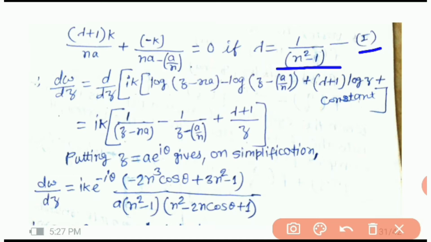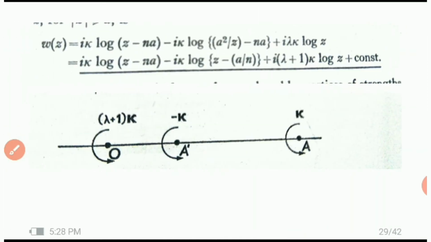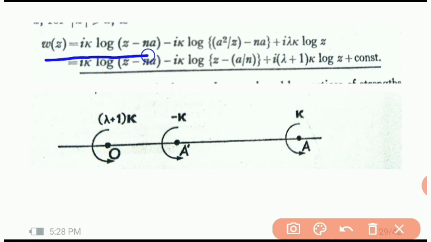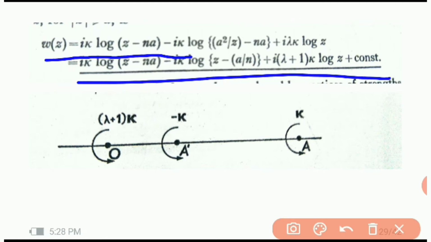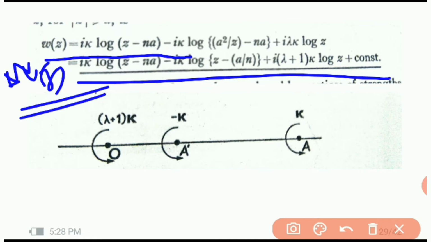Now we have w(z) = ik log(z − n) − ik log(a²/z − n) + iλk log z. So this is the w(z). Now differentiate this with respect to z. So what do we get?